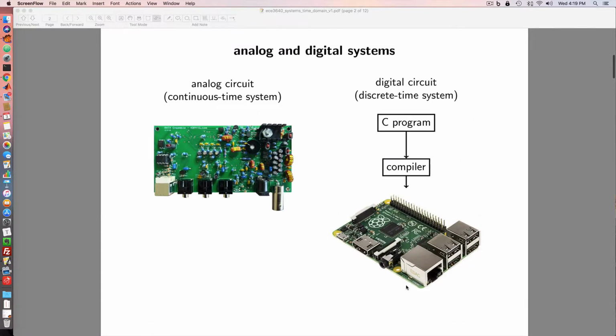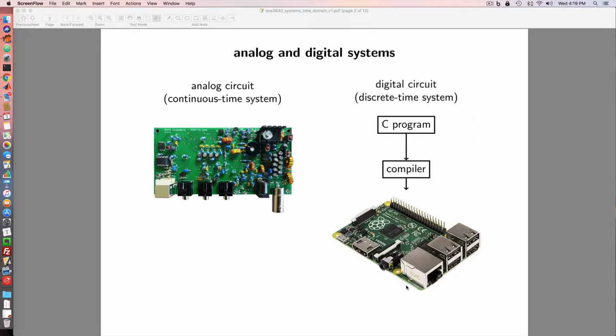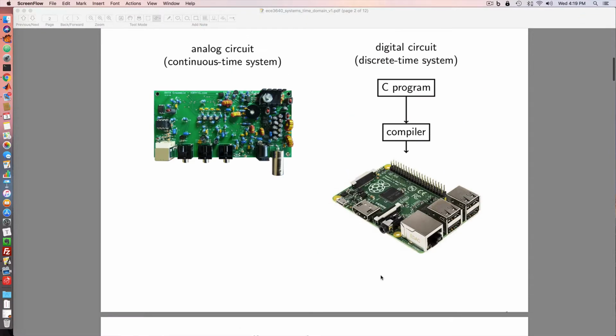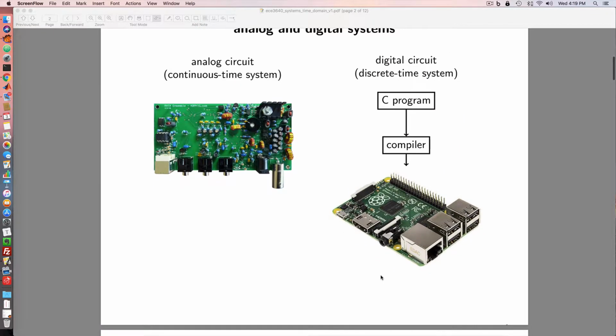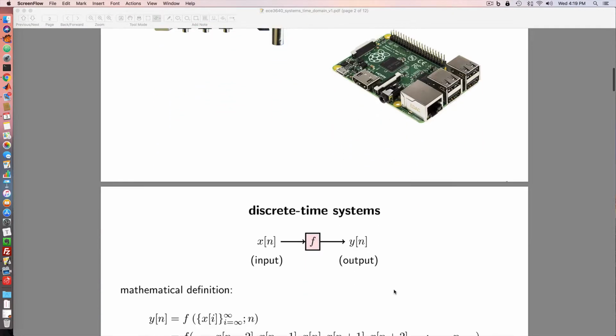In this class, we will focus mainly on those systems that can be described by difference equations, whereas in a previous class you focused on systems that can be described by differential equations. Well, we're moving up to difference equations, but recognize that there's a lot of other things that you can do in the discrete time world, maybe that would be impossible or extremely difficult to do in the analog world.